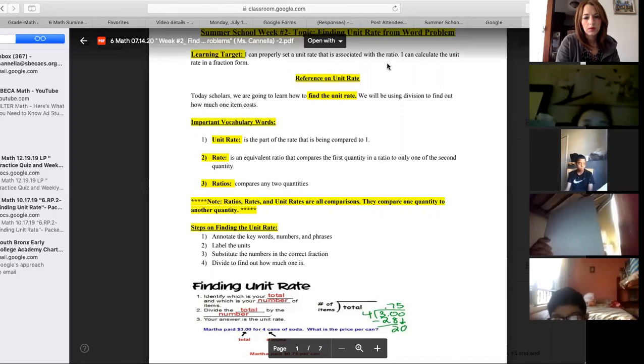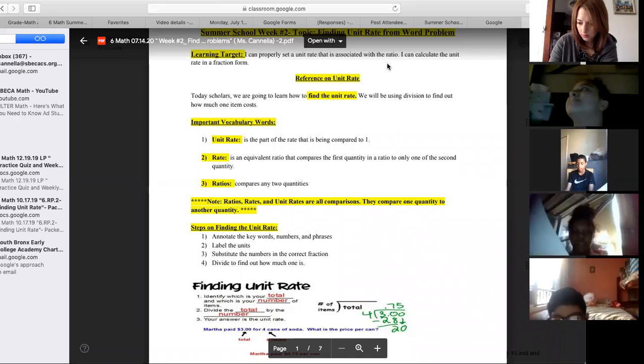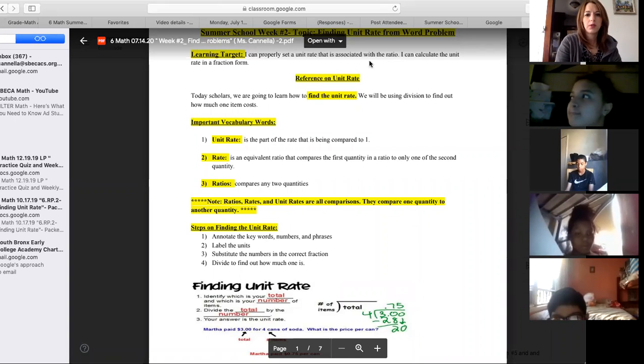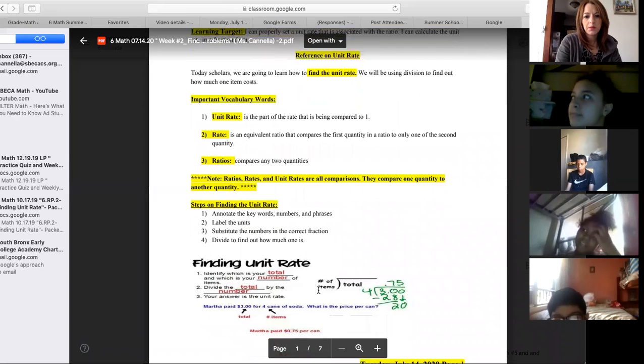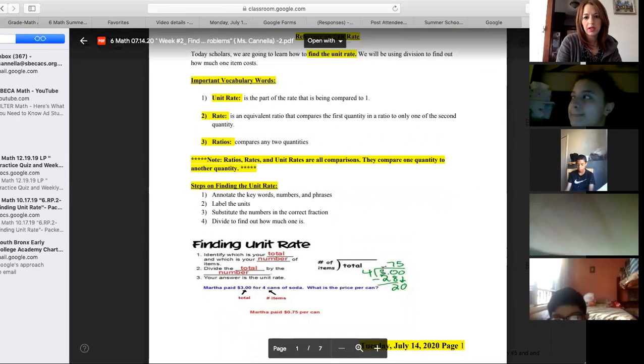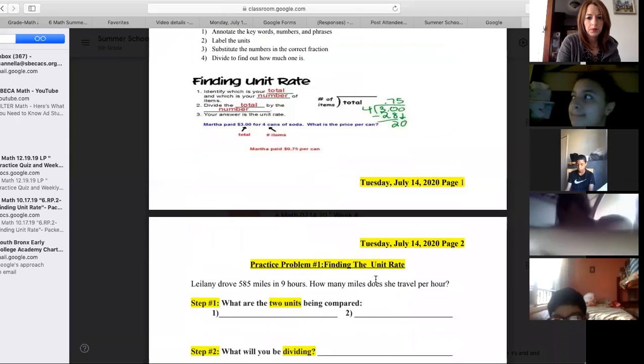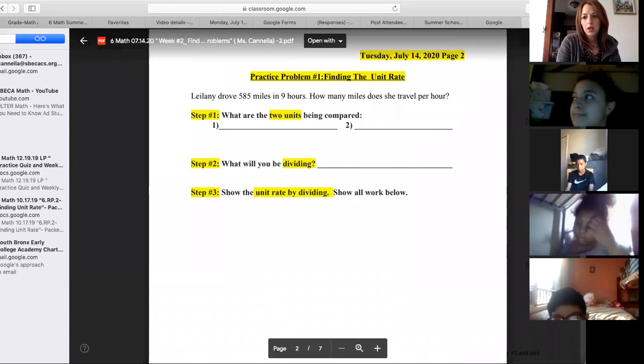Divide to find out how much one is. Okay. So at any point, if we forget how to find unit rate, we're going to refer back to page 1. So now we're going to simply go over how you do it. Here's just a visual. Here's it in math words, okay? So let's look at the first one.